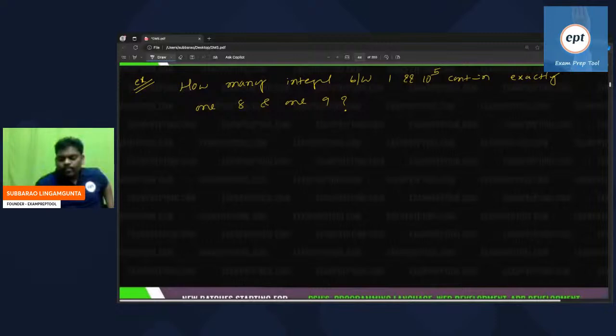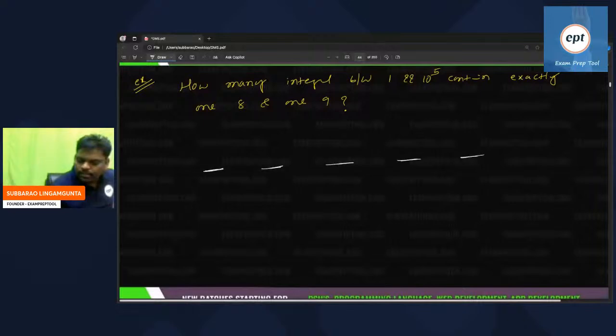Exactly one 8 and one 9. 10 power 5 means 5 zeros, 1 lakh. The larger number less than that is 99,999, so 5 digits.